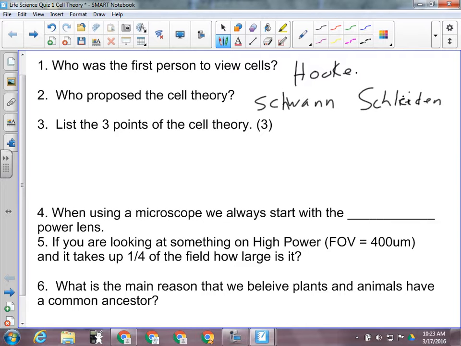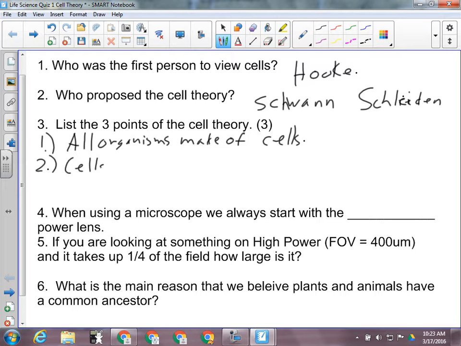Number 3. 3 points of the cell theory. 1 mark for all organisms are made of cells, or if they had all living things. Okay? 1 mark for that. Second one, cells carry out basic functions.